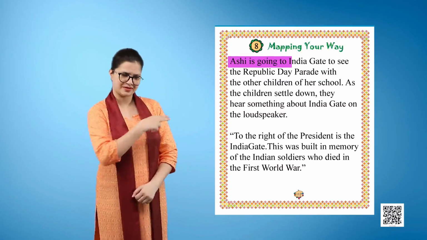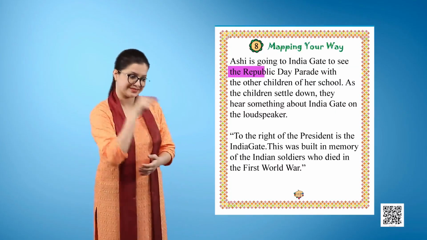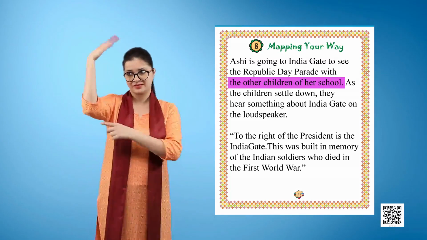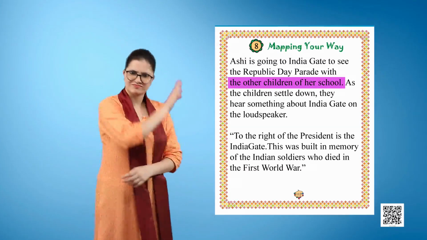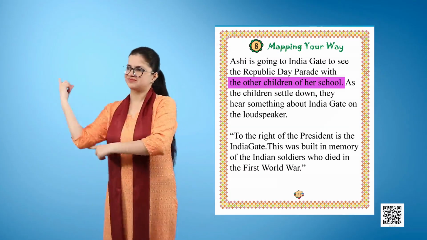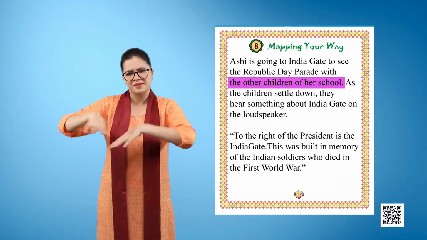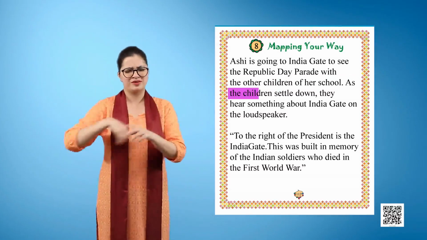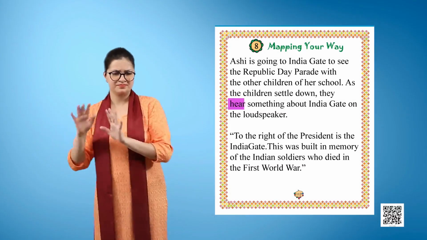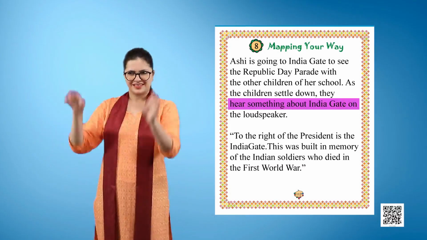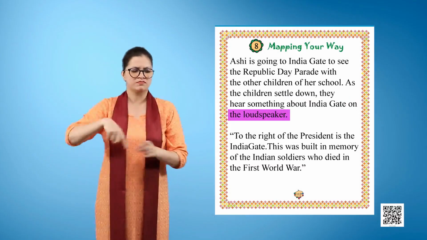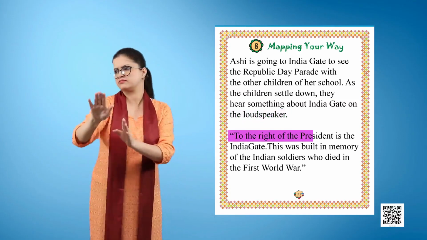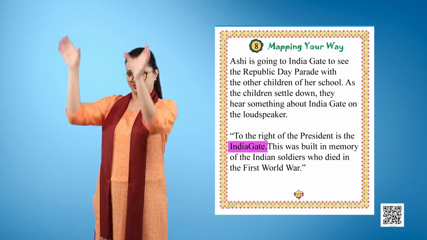Ashi is going to India Gate to see the Republic Day parade with the other children of her school. As the children settle down, they hear something about India Gate on the loudspeaker. To the right of the President is the India Gate.